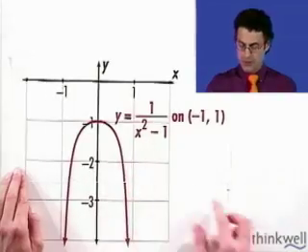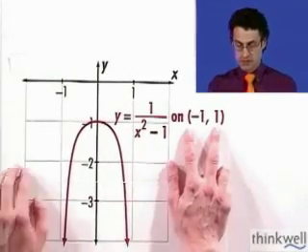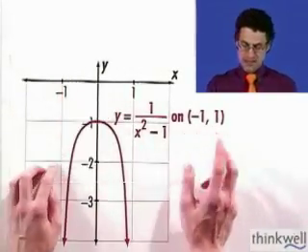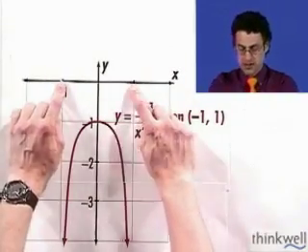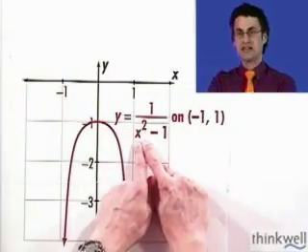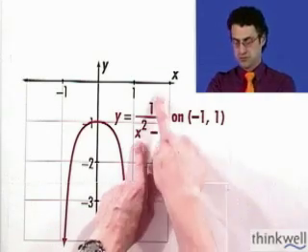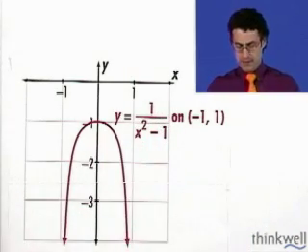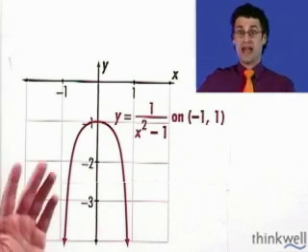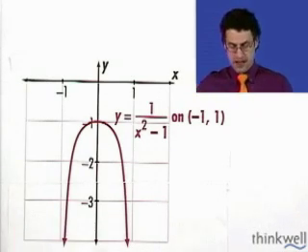Okay, what about if we have the function continuous on the open interval? For example, y equals 1 over x squared minus 1 on the open interval from -1 to 1. That means that it's continuous everywhere inside, but not necessarily at those points. And in fact, you can see that when you plug in 1 or -1, this function is undefined. It's 1 over 0, which is undefined. So it's nice and continuous here. But what about the maximum? Well, this one actually has an absolute maximum value. You can see it.